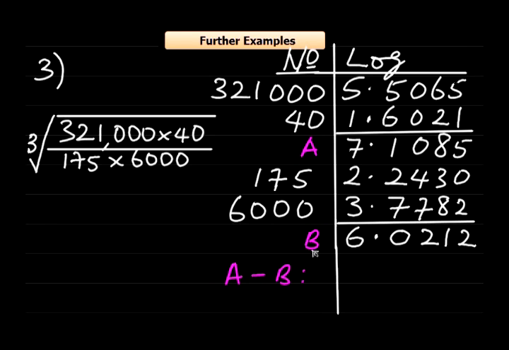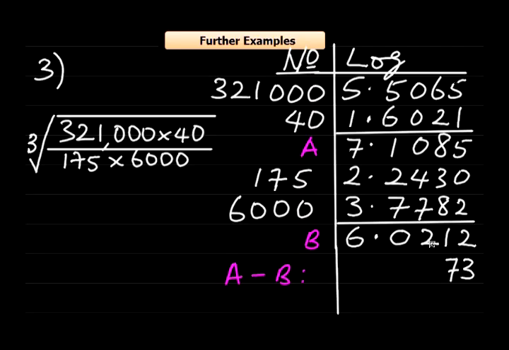So I can just come and subtract. 5 minus 2 is 3. 8 minus 1 is 7. 0 minus 2, cannot.